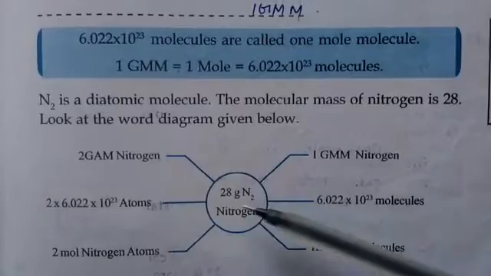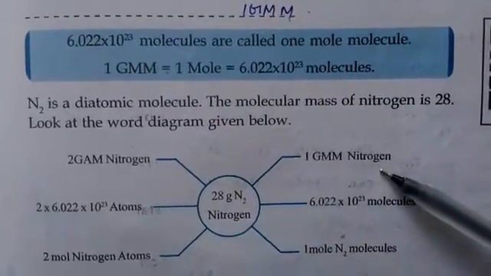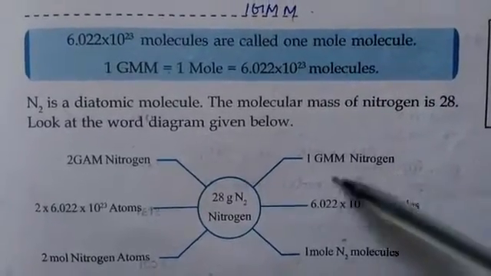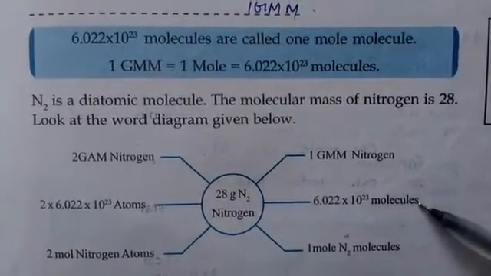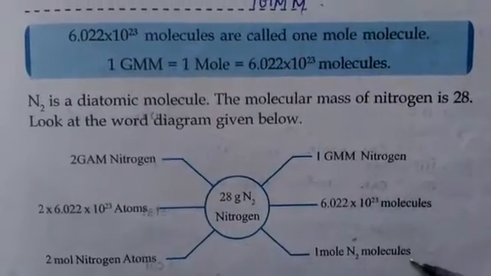So 28 gram of nitrogen is equal to 1 GMM of nitrogen, that is 1 gram molecular mass. Which is equal to 6.022 into 10 raised to 23 molecules, and which is equal to 1 mole N2 molecules.